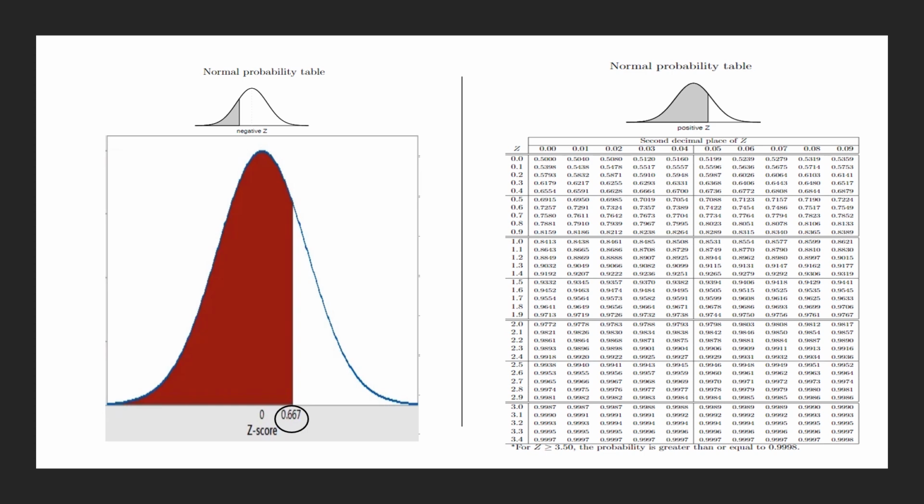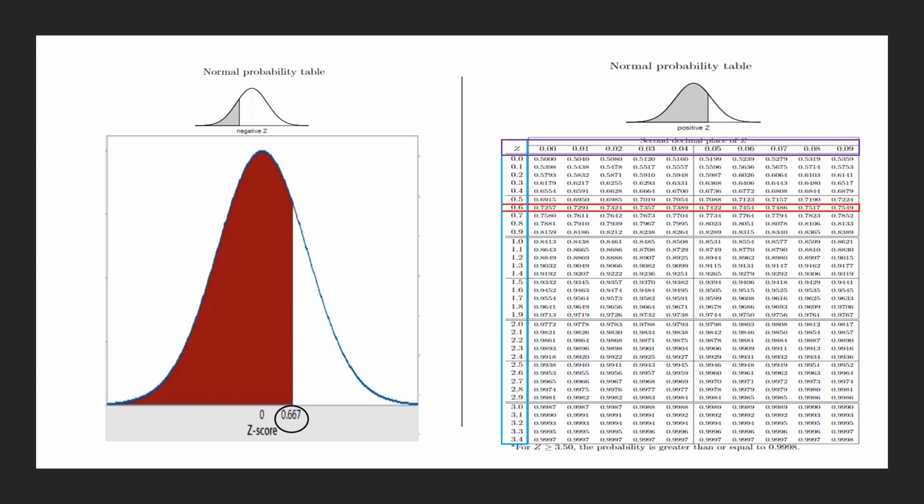To find this probability, we use a normal probability table. The blue rectangle represents the first decimal point of the z-score, and the purple rectangle shows us the second decimal point of the z-score. Since our z-score was 0.667, let's round it to 2 decimal places, which gives us 0.67.